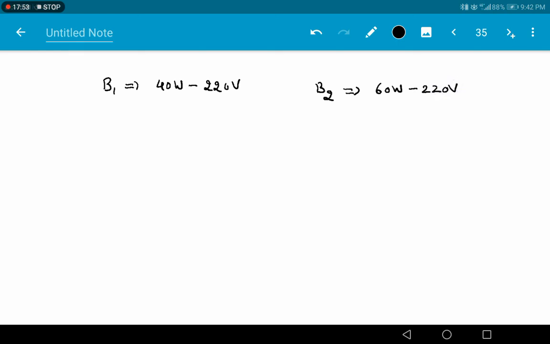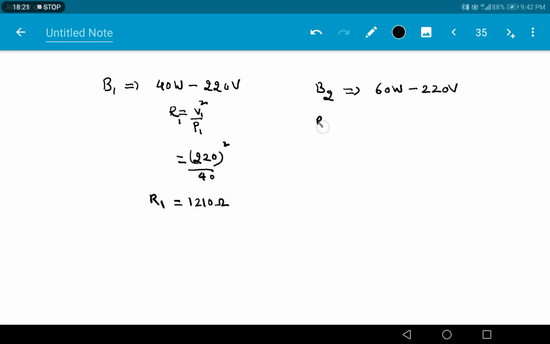Right. So first let us find out the resistance relation. So resistance is directly proportional to V square by P, we can write. This is R1, V1 square, P1. So V1 square, 220 square by 40. Therefore, just now we calculated 1210 ohms is the resistance of bulb 1.